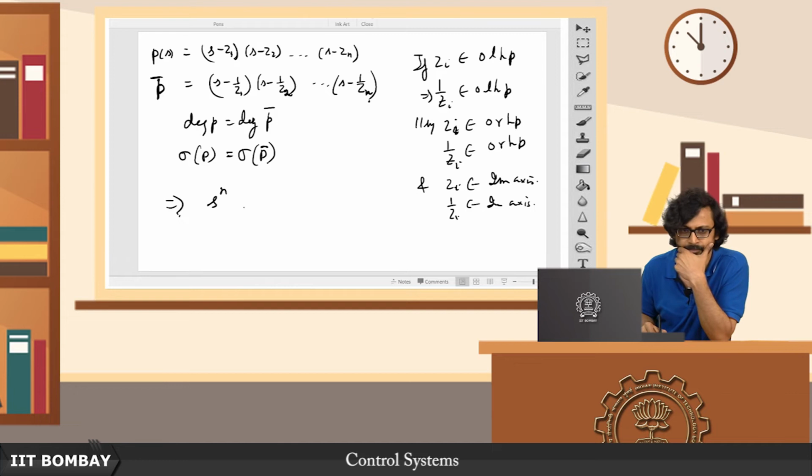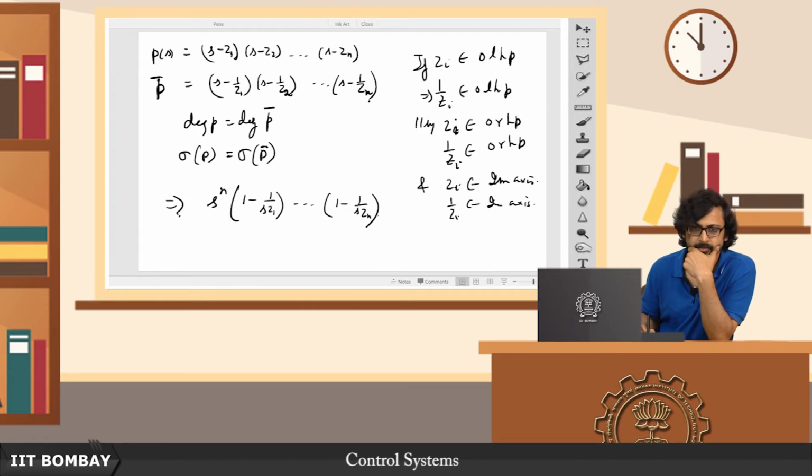and then you have 1 minus 1 by s z1 dot dot dot till 1 minus 1 by s zn. So p bar is equal to 0 implies that this polynomial, of course we know what the roots are. So in what way can we write this polynomial down?